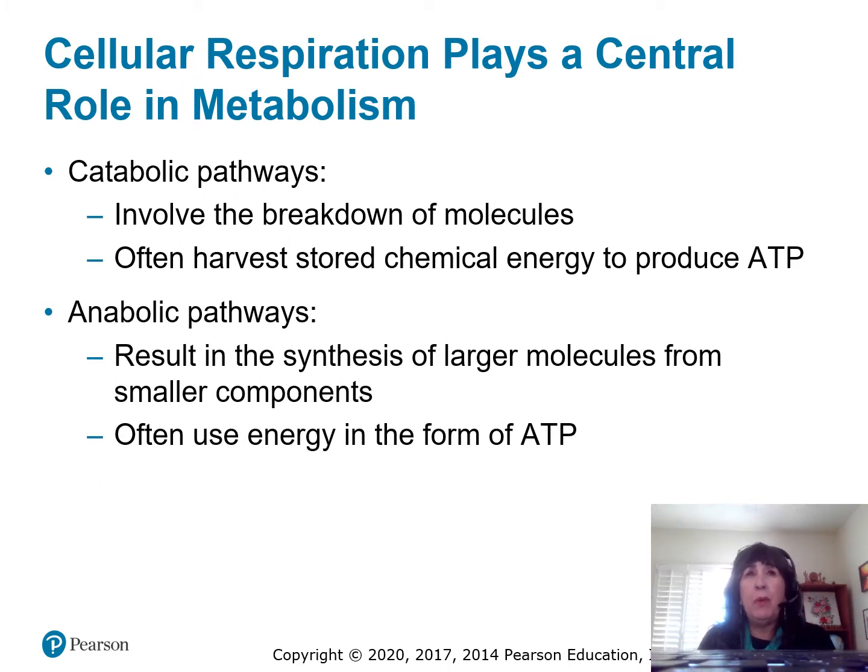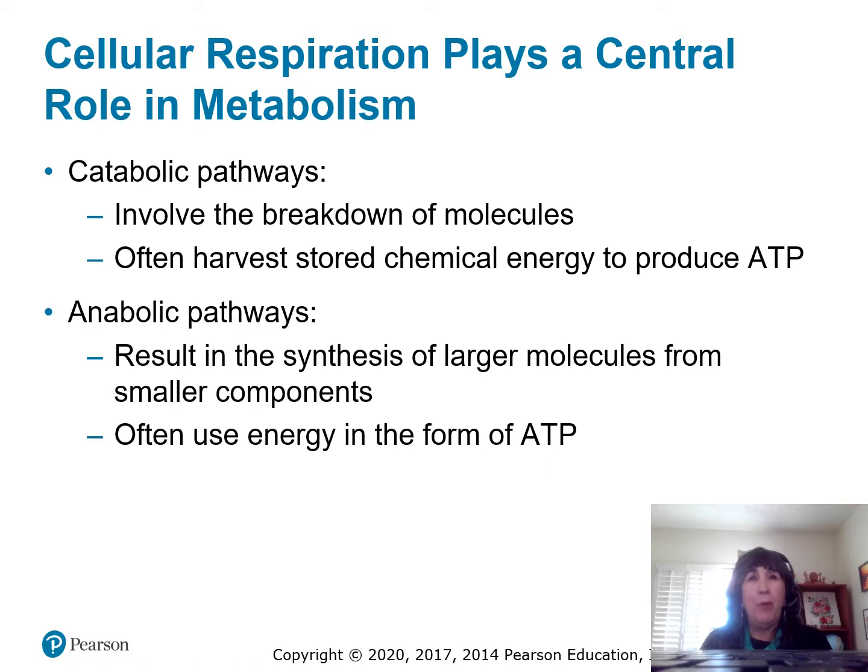Remember we talked about catabolic pathways and anabolic pathways in the previous chapter. A catabolic pathway means that we're going from a large molecule to a small one. In other words, we're breaking down molecules, and the potential energy in the bonds is going to be used to produce ATP. In an anabolic pathway, it's just the opposite.